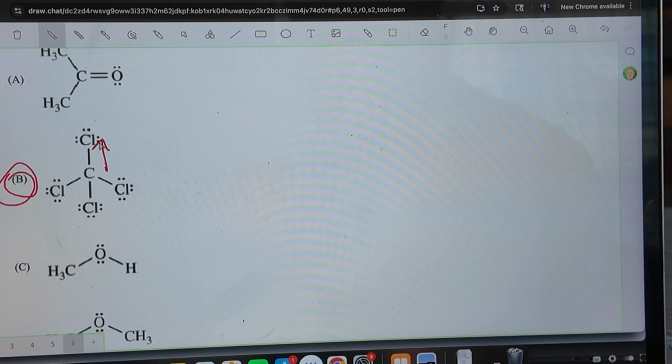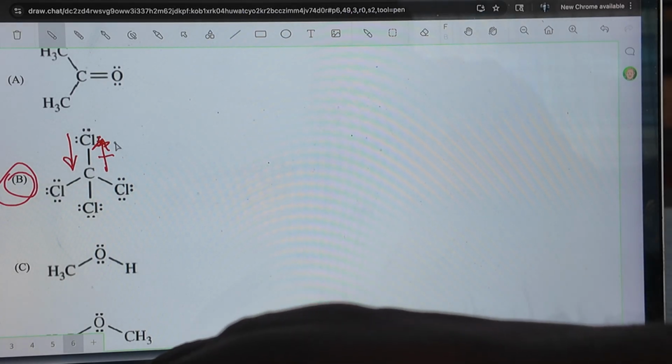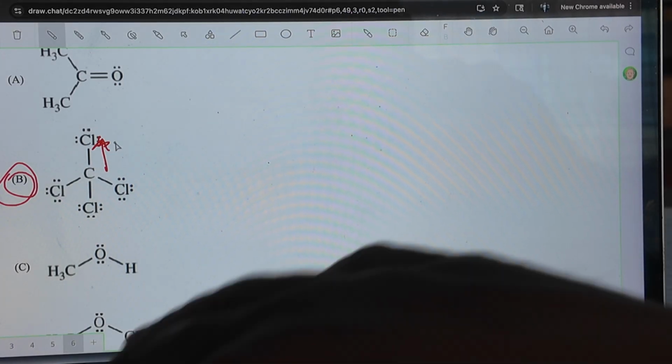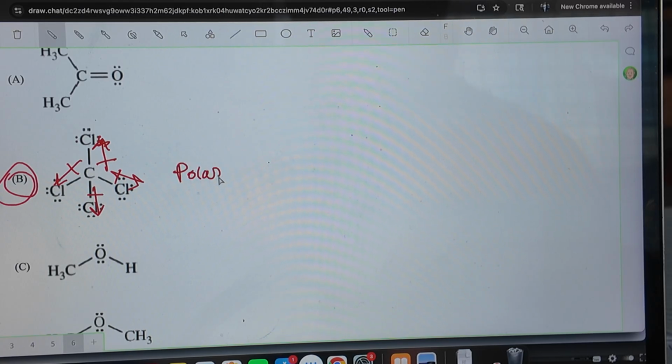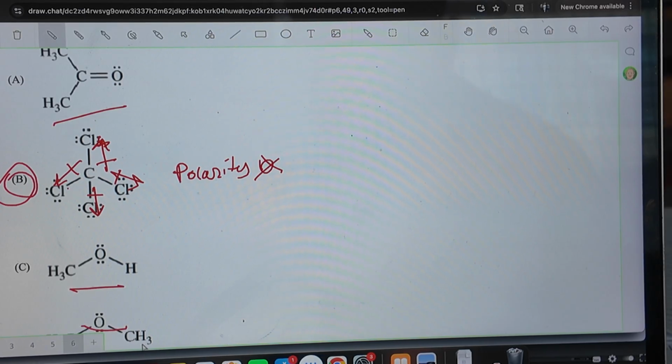Look, it all gets canceled out; all of its dipole moments cancel out. So it has no polarity, and water is polar, so it would dissolve things that are polar, like these. There's a dipole moment in all of the other ones.